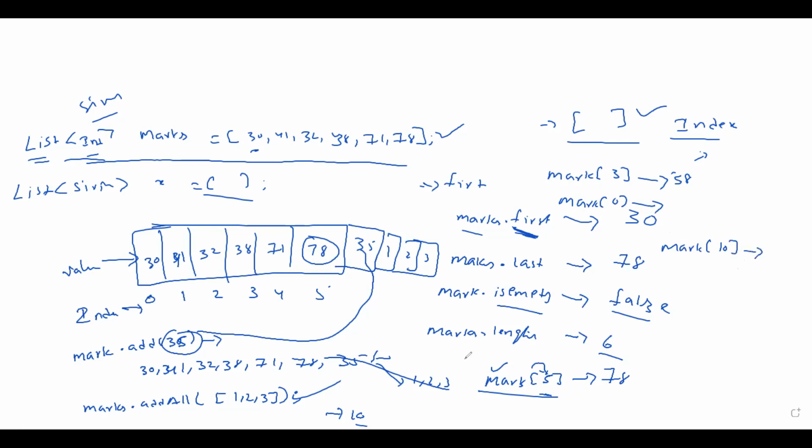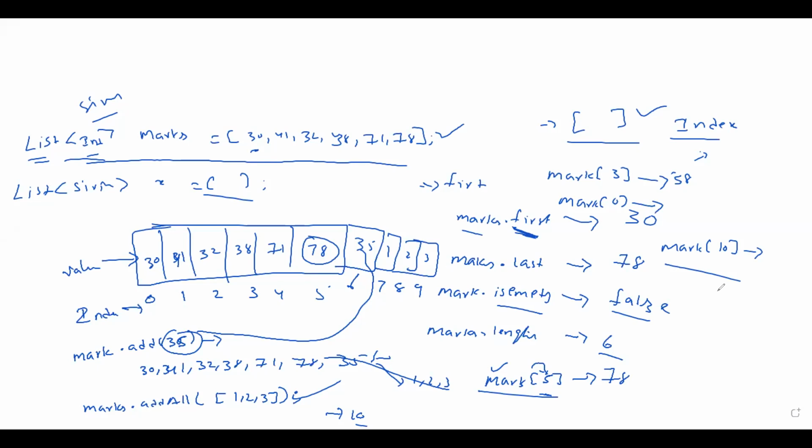The indexes go up to 9. Is there any value at index 10? No, so it will get an error. An out of bound exception will come.